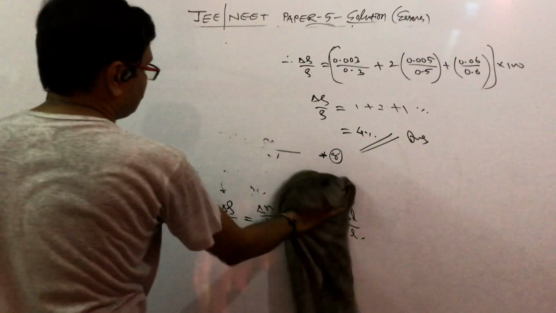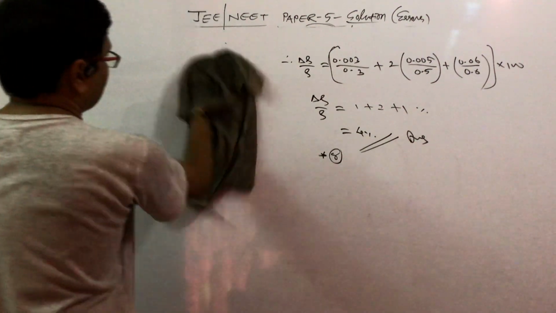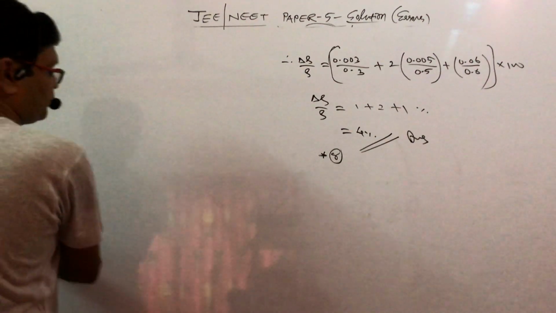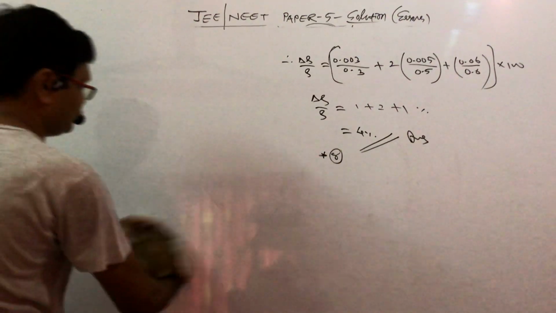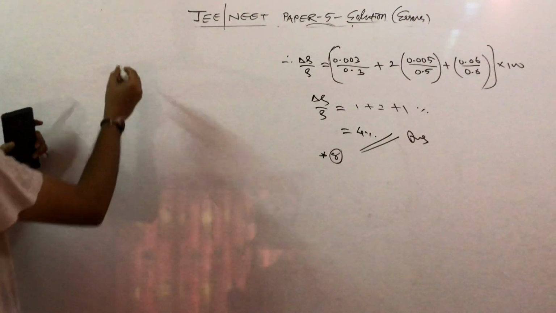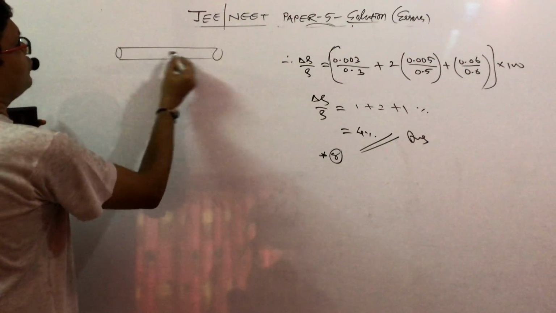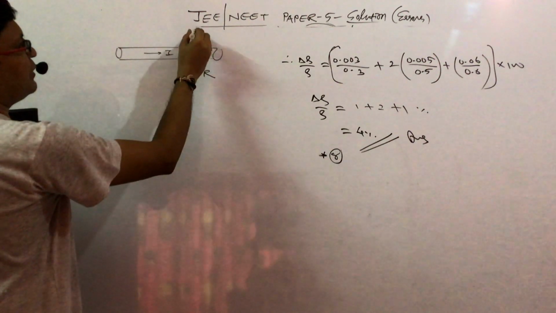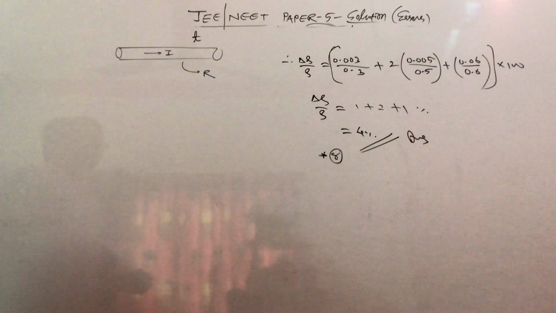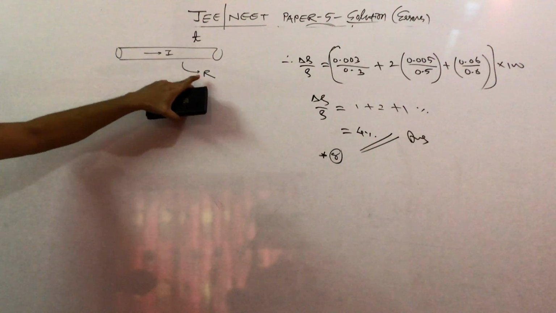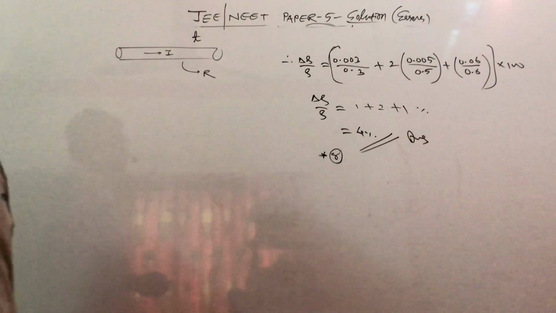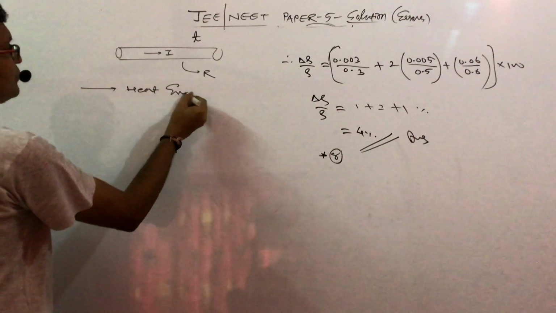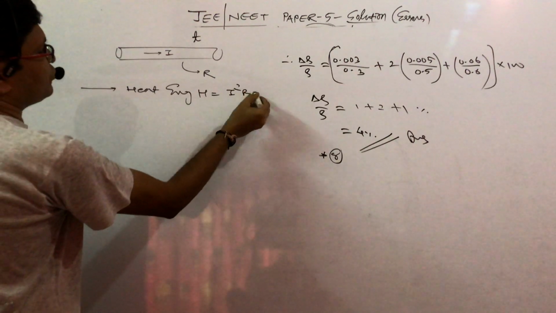Those students who have an idea about the first lectures know the formula of heat energy produced whenever I amount of current is passing through a wire for t time duration and the wire has resistance R. So if I amount of current is passing through a wire of resistance R for t time, then what is the heat energy produced? You know its formula: heat energy H is equal to I square RT.